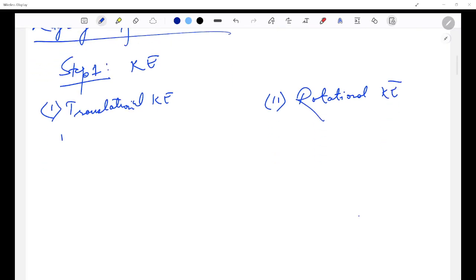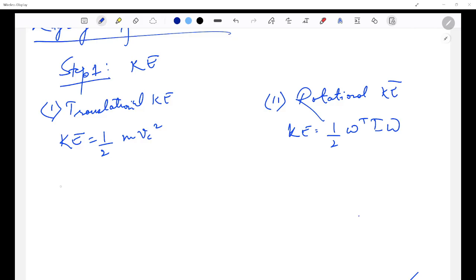So translational is the motion of the center of mass, half m vc square, where c is the center of mass. And rotational kinetic energy is the rotation about the center of mass, and it is half omega transpose I omega, right?